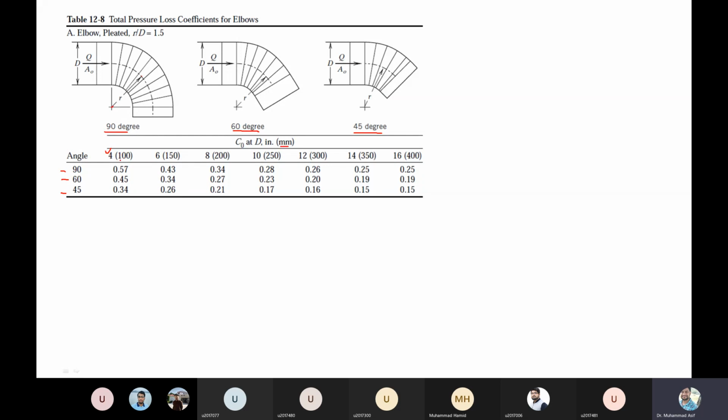In the bracket the units are in millimeter, whereas outside the bracket the units are in inches. So if you know the angle of the elbow and the diameter of the elbow, you can have the value of the C naught. So what you need is just the value of the C naught for different types of fitting. So this was an example of the elbow.